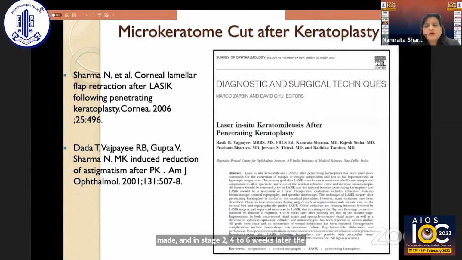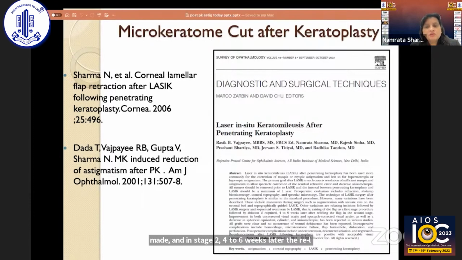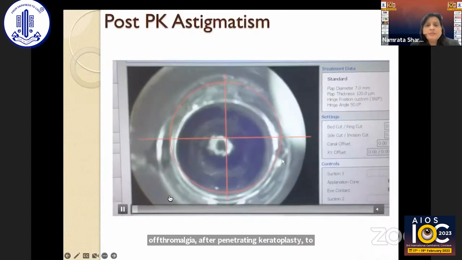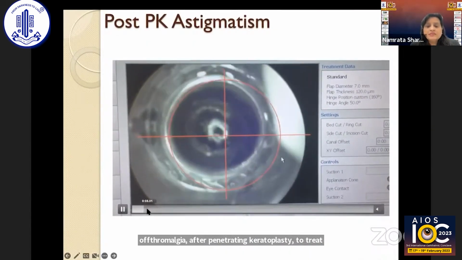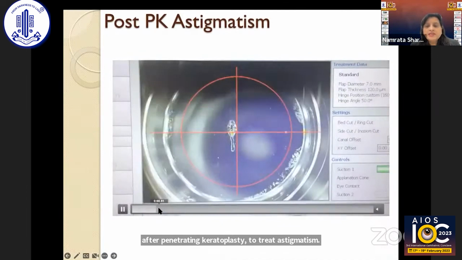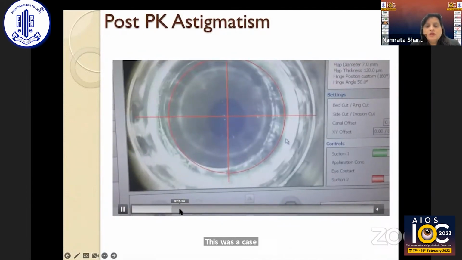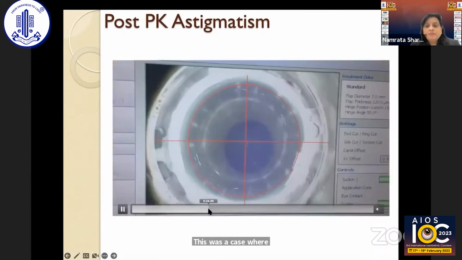This was an article which we published in Survey of Ophthalmology on LASIK after penetrating keratoplasty to treat astigmatism. Now, this was a case where femtosecond laser is being used to create a flap.